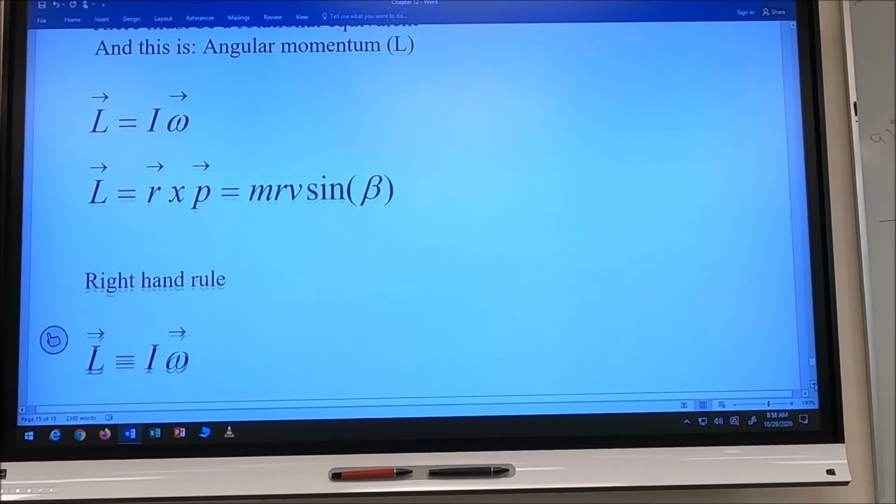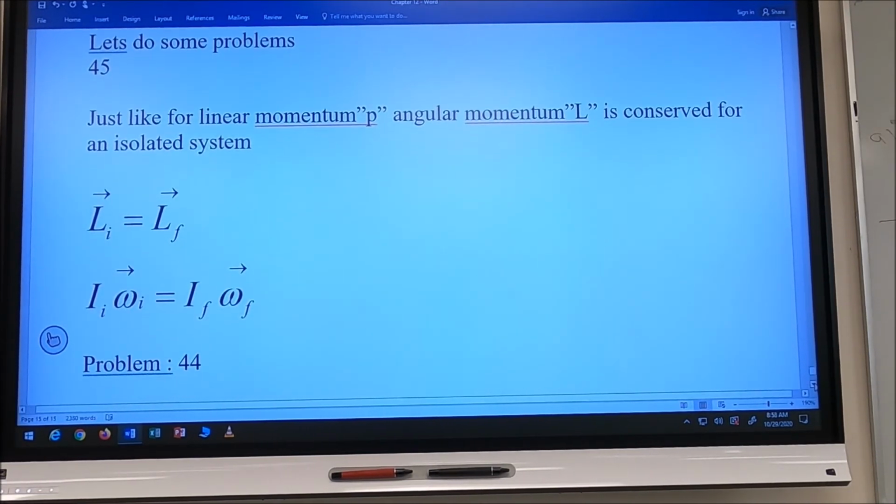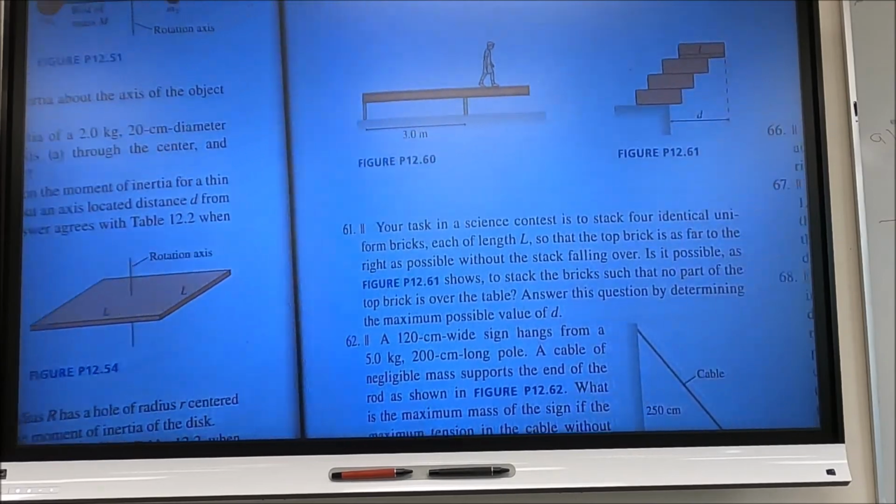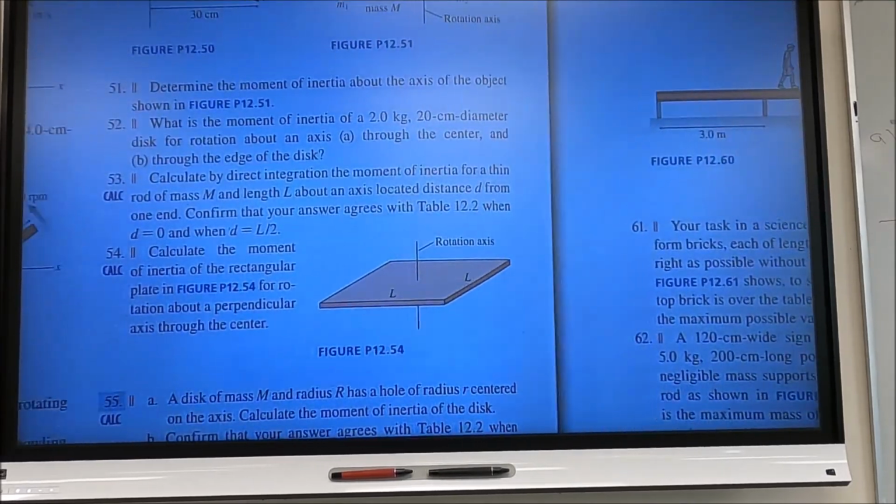Roll this up a little bit. So let's look at problem 44.